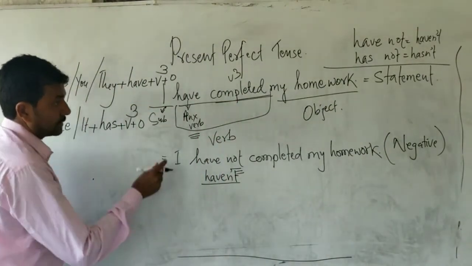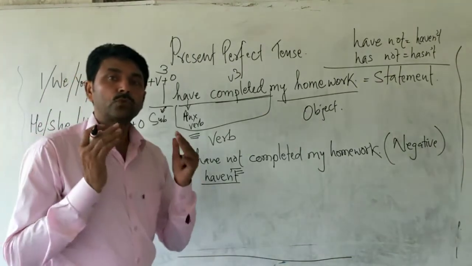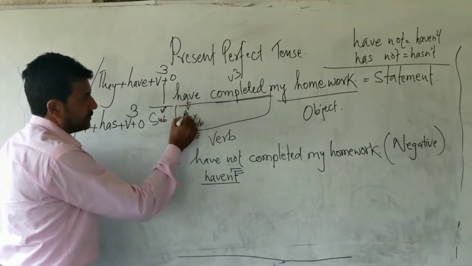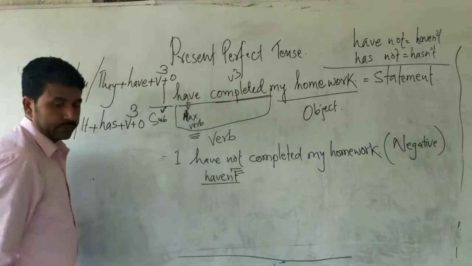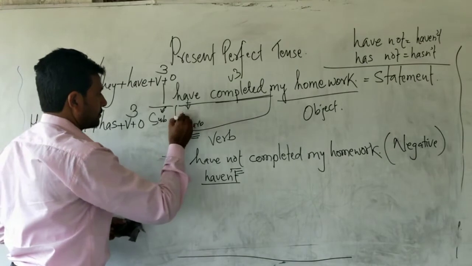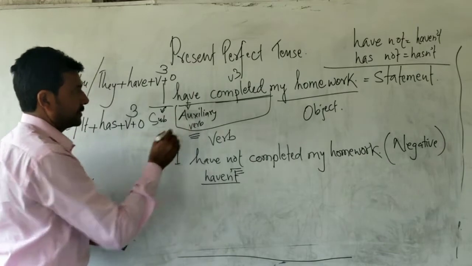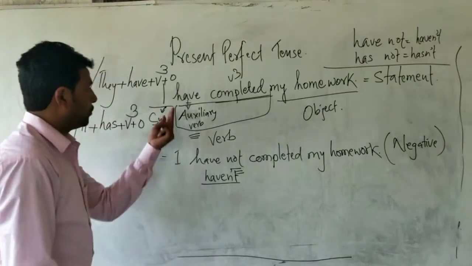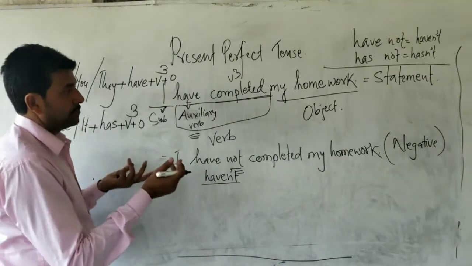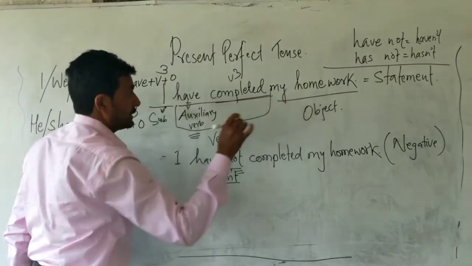We will see now the third sentence. I mean how to make a yes/no question. If you see a helping or auxiliary verb in a sentence, just bring this auxiliary to the beginning. It will become a question, a yes/no question. So I have completed my homework is a statement.